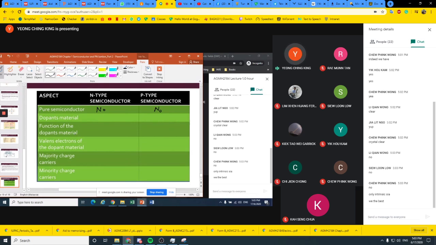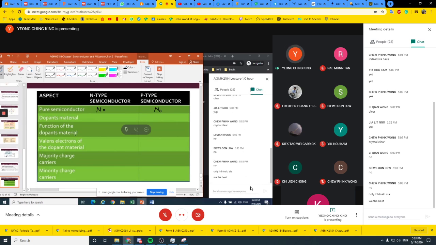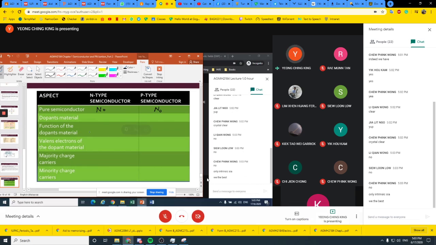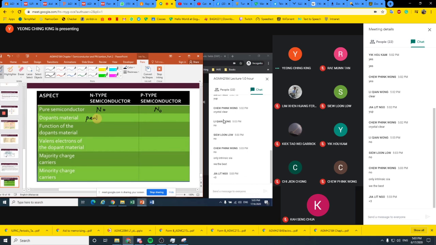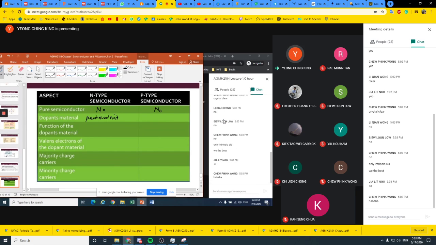Okay. So next one, the dopant material. What's the dopant material for the N-type? So for N-type, the dopant material should be the pentavalent elements, or the pentavalent impurity, we call it. And then for P-type is trivalent, okay?